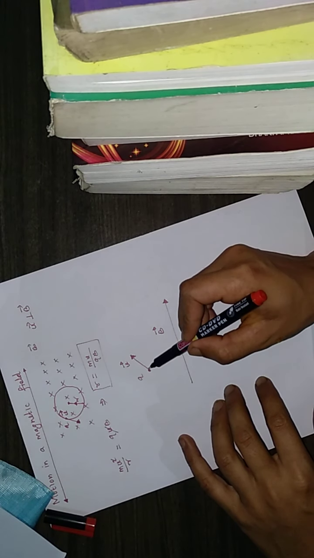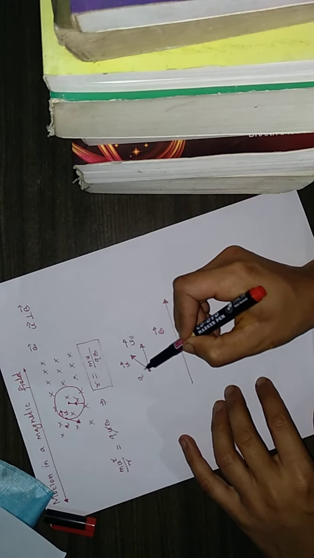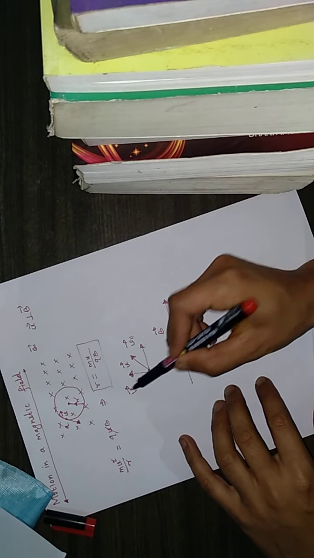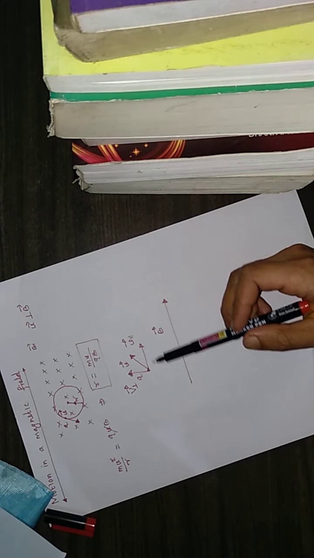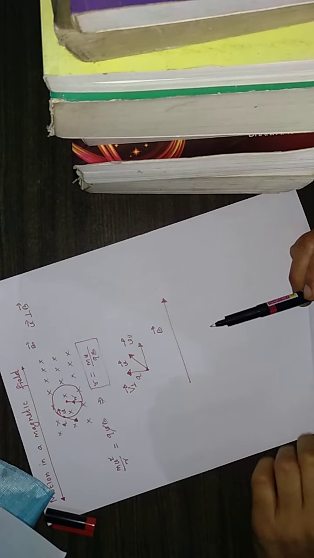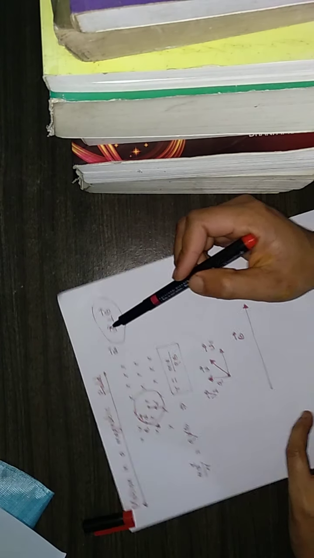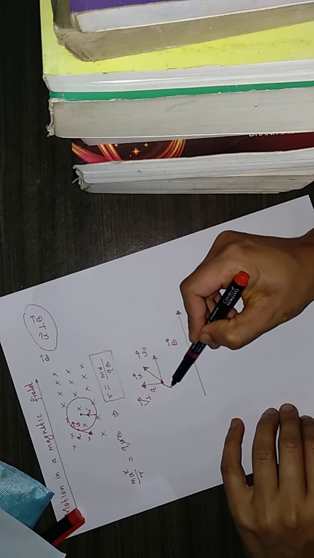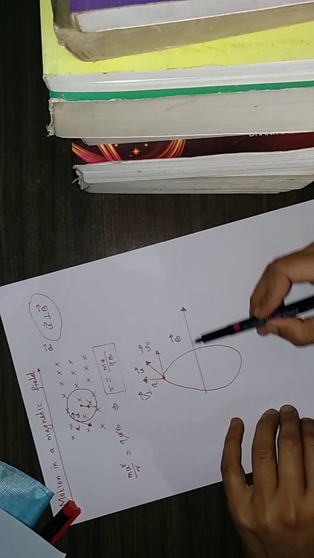So this velocity can be resolved into two velocities, one parallel to the magnetic field and one perpendicular to the magnetic field. And we know what will happen if the velocity is perpendicular to the magnetic field. This perpendicular velocity will make the trajectory a circular trajectory around the magnetic field.